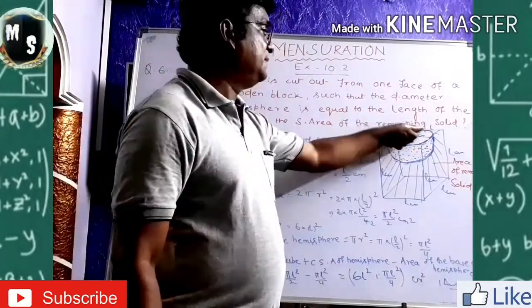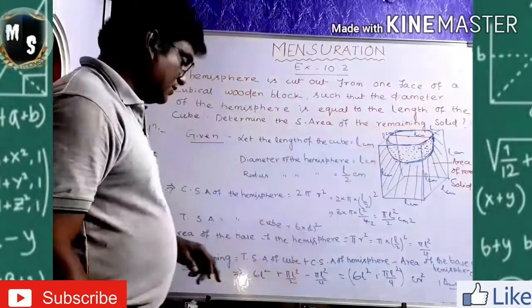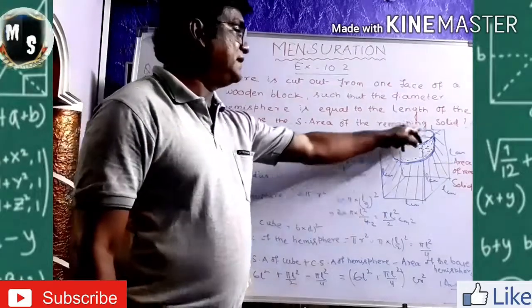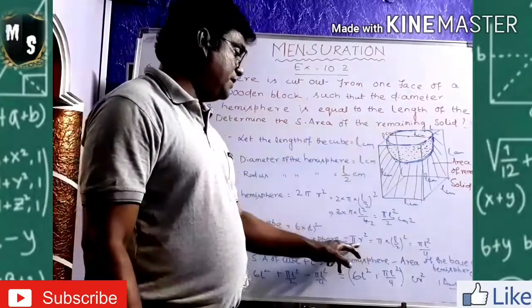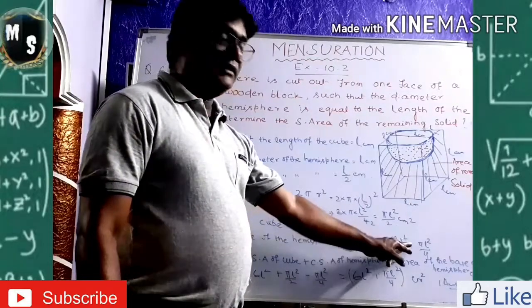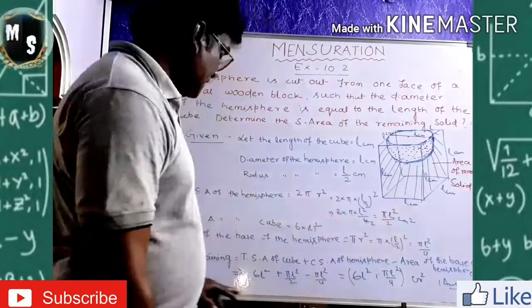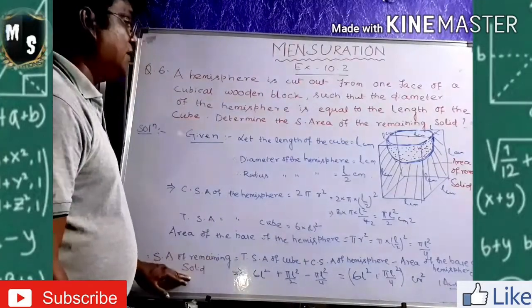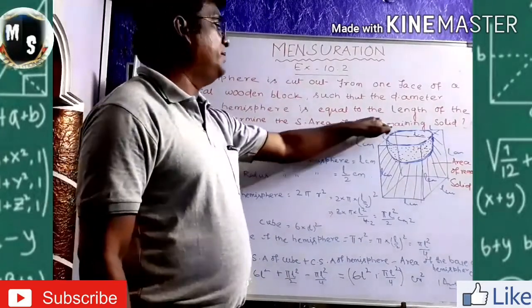What is the area of the base? The base of the hemisphere is a circle. That is pi into r square, pi into L by 2, r is L by 2, square. That is pi L square by 4. Now we are going to calculate the area. Therefore the surface area of the remaining solid, he is asking you the surface area of the remaining solid.